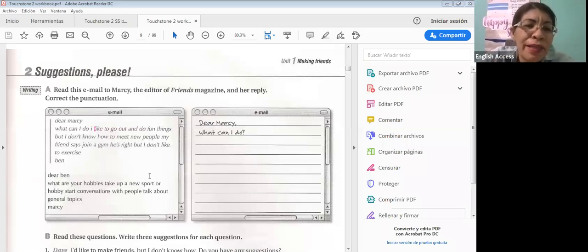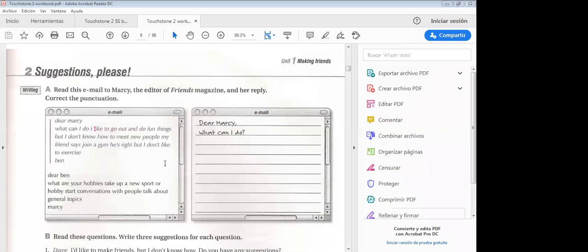It says, but I don't know how to meet new people. What do we need here? Another correction. But I don't know how to meet new people. My friend says, join a gym.